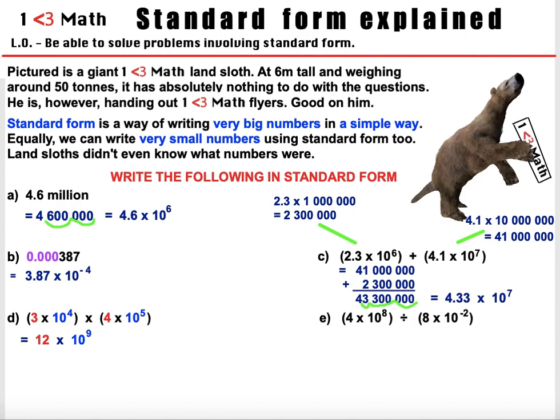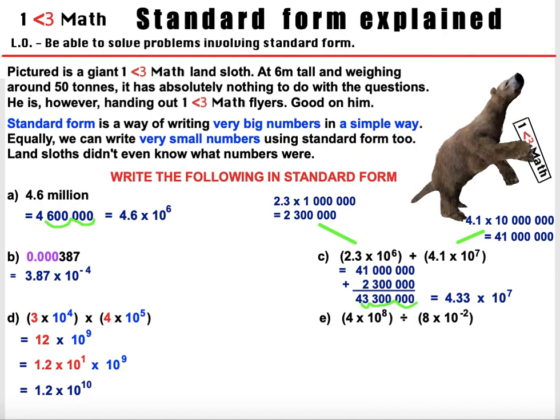Now 12 isn't in standard form. That's going to be 1.2 multiplied by 10 to the power of 1. We remember our 10 to the power of 9, so we multiply them. So now we can multiply our powers of 10 again. It's going to be 1.2 multiplied by 10 to the power of 10.